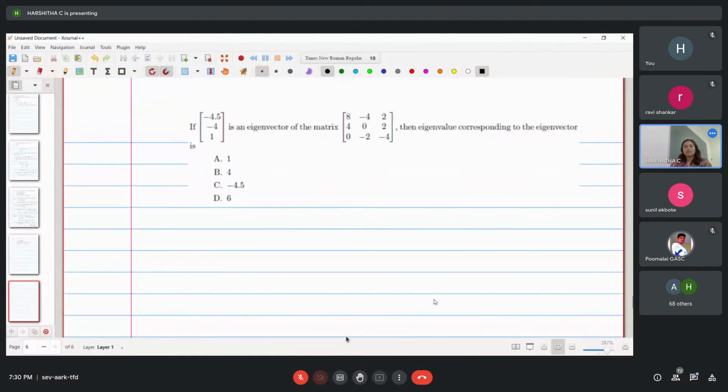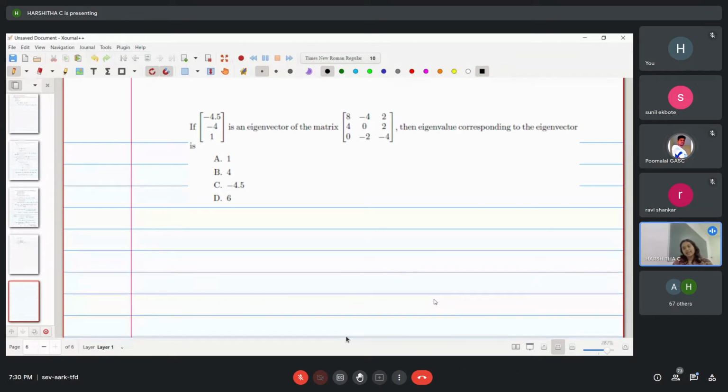Okay. So we'll move on to the next question then. If minus 4.5 minus 4, 1 is an eigenvector of this matrix, then the eigenvalue corresponding to this eigenvector is.